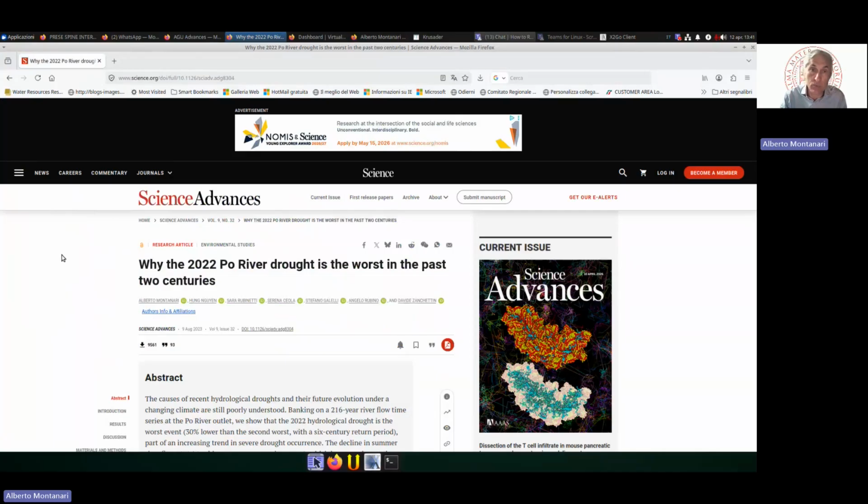So from the title, we can understand that the paper focuses on drought events, which are, by the way, a reason of relevant concern nowadays. And in particular, the paper is focusing on drought events over the Po River, which is, as you know, the longest river in Italy and one of the most important rivers in our country, in the country of Italy.